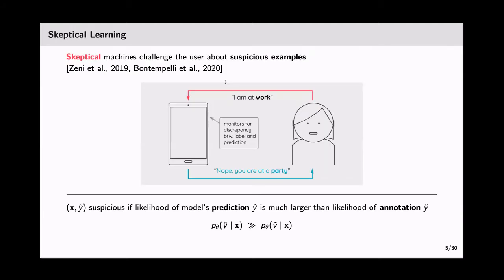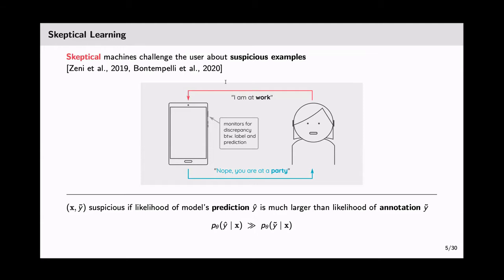Skeptical learning was introduced recently to address this problem. Skeptical learning is an interactive learning protocol in which the machine challenges the user when it thinks that it received a suspicious example.